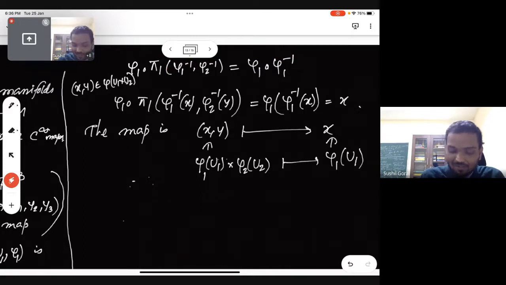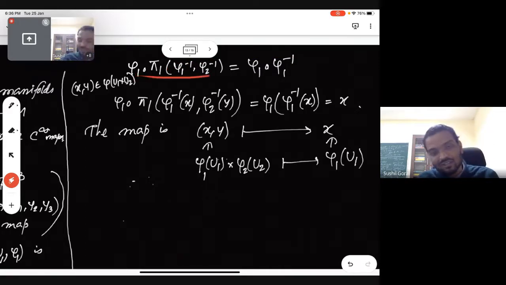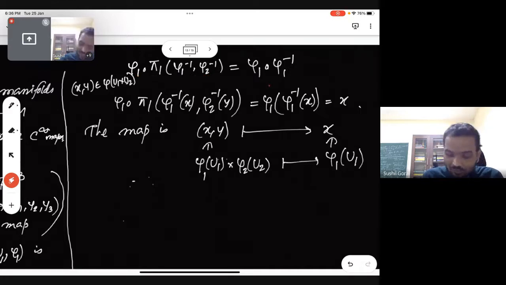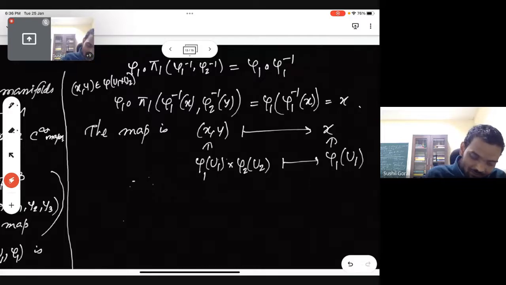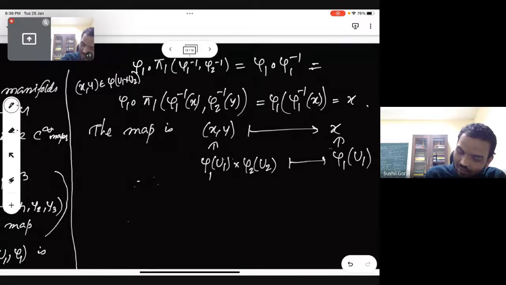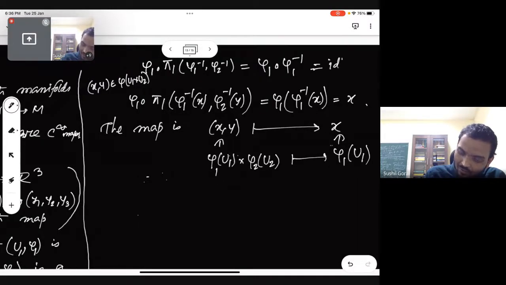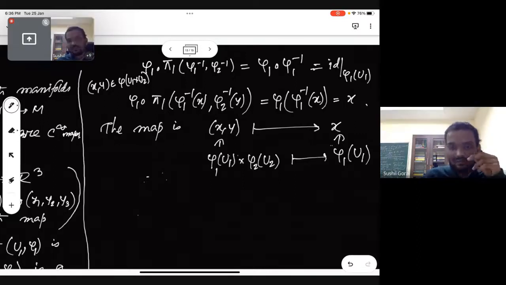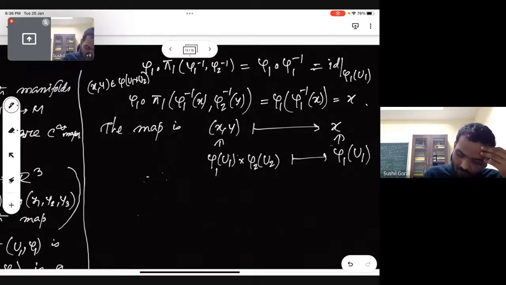But this map is going from where to where. This is identity on phi1 of U1. All right. Any question here?